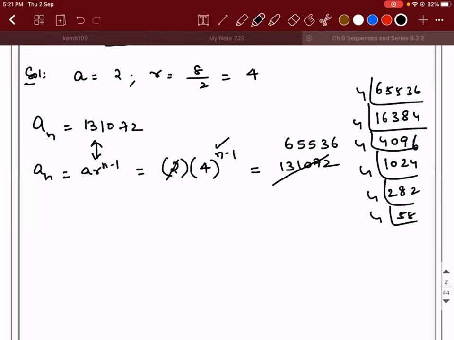How much are you getting? 64 it should be.